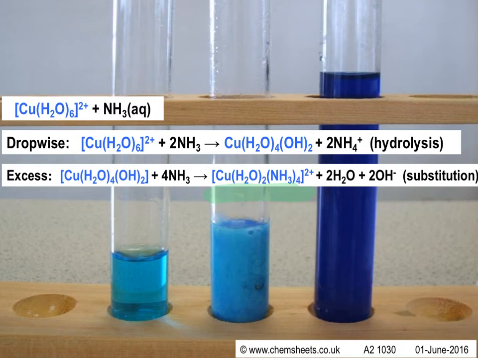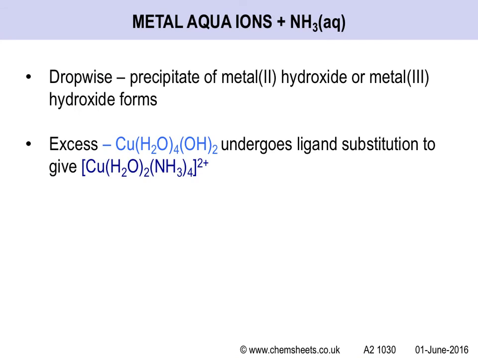We've changed the type of ligand, so even though it's blue, it's a much deeper blue, and we have got a different energy gap between the d orbitals that results in a different wavelength of light being absorbed, and so we get a different colour being seen. And just a reminder that the ammonia is being added dropwise, and the exception, the anomaly, or however you want to think of it, is copper.